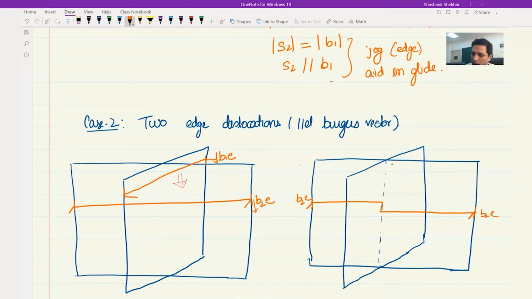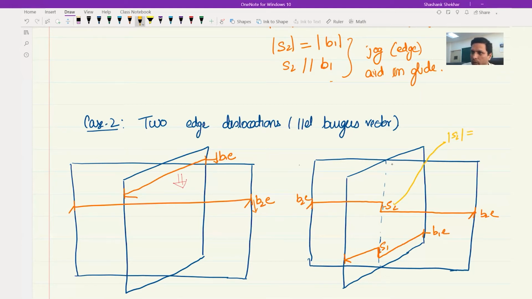And there will also be a step formed in B1E. Again, it will be in this direction. So this is S2 and this is S1.